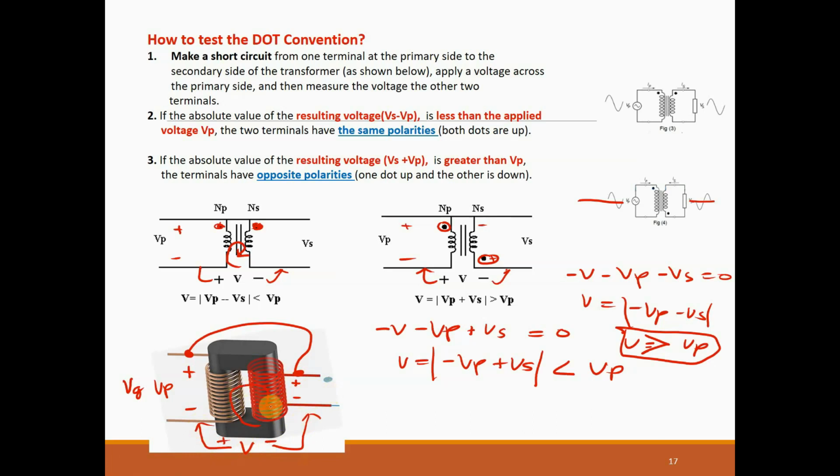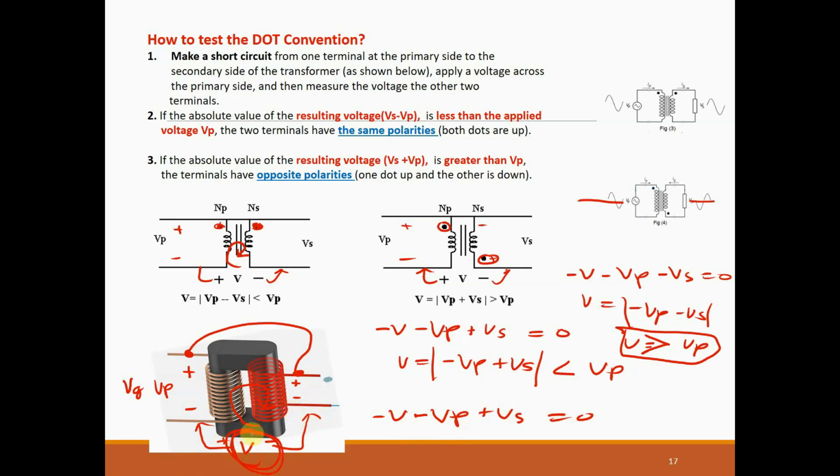Again, we will take the loop. Okay, so it's minus B, minus BP, plus BS will be equal to 0. Of course, when you measure the voltage here, you will just check what is the value of the voltage.